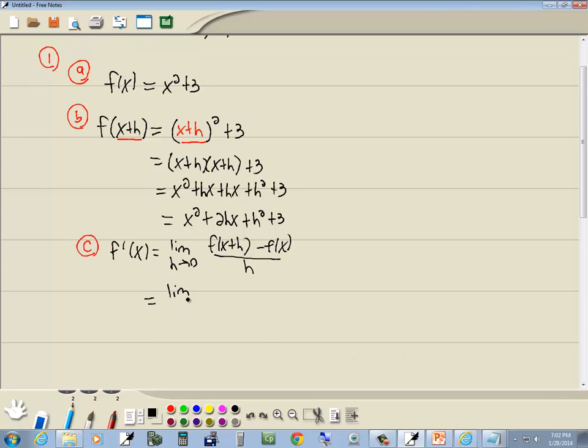So we've got the limit as h goes to 0. f of x plus h from 1b is equal to x squared plus 2hx plus h squared plus 3, minus, and then we'll put a parentheses because that minus has to change the sign of everything that follows it. And f of x from 1a was x squared plus 3, all over h.